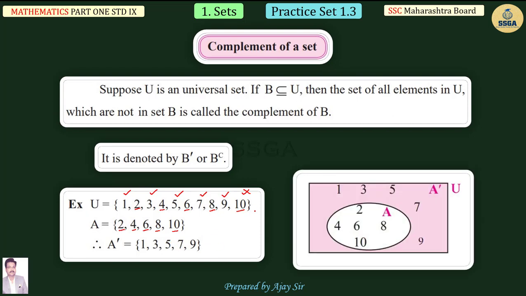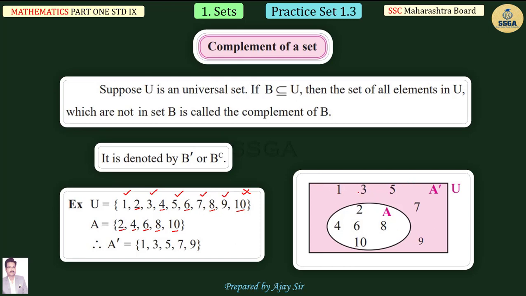This is represented by a Venn diagram. A is a set, so we represent it by an oval shape, and the elements 2, 4, 6, 8, 10 are the elements of set A. The remaining elements we show in the outer box.